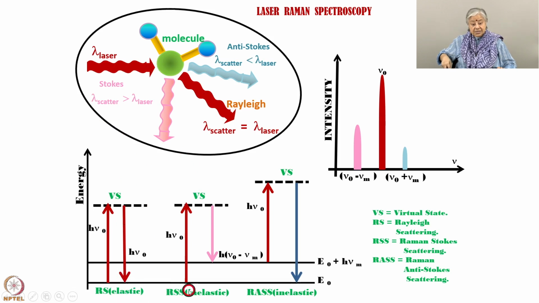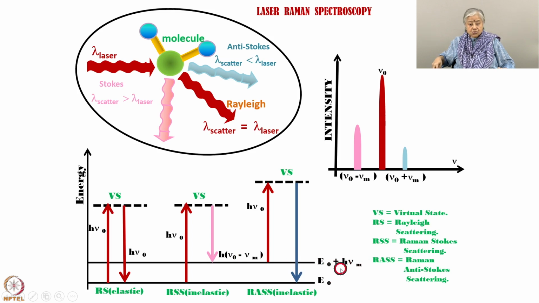But in case of Raman scattering, there is a change in energy. So, I start off with the same red wavelength, h nu 0 is the energy difference between this level and this virtual state again. From this virtual state, it falls down, it comes down to this level, which is an excited level really. It is another vibrational state, E0 plus h nu m.